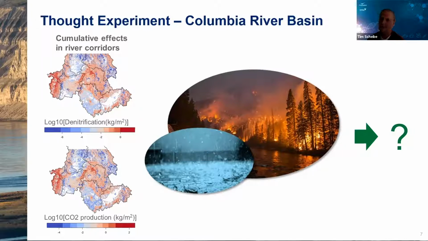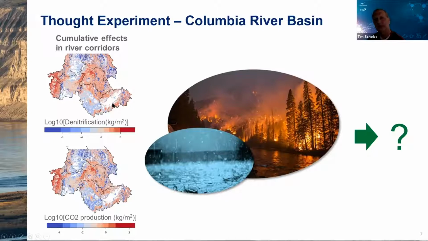And so one of the things we're studying is, as we have pyrogenic organic matter coming into our river system, how will that affect the biogeochemistry? If we have a pipeline that we can use, by characterizing the organic matter to predict the biogeochemical outcomes, this will help us to ask what-if questions, perhaps at the watershed, even at the basin scale.